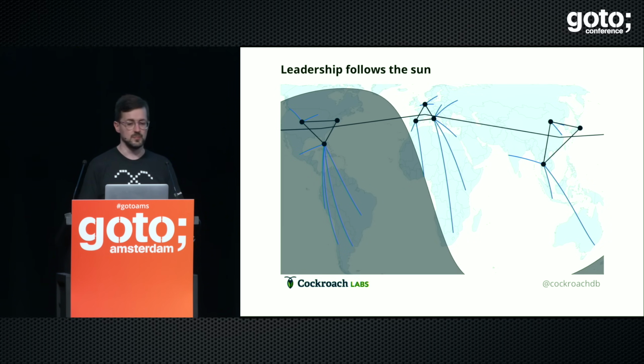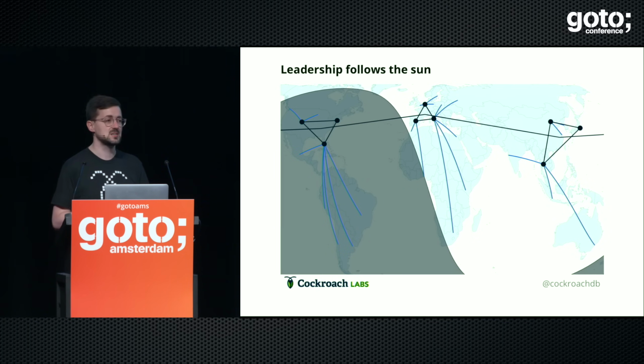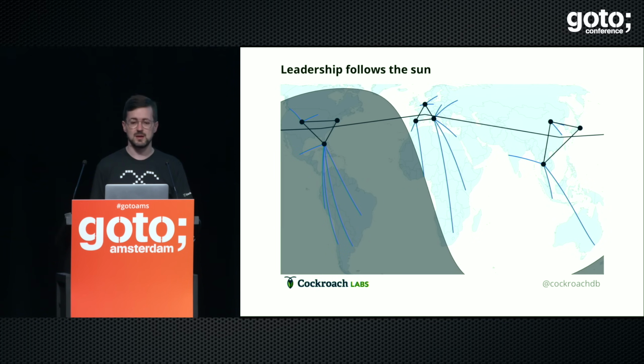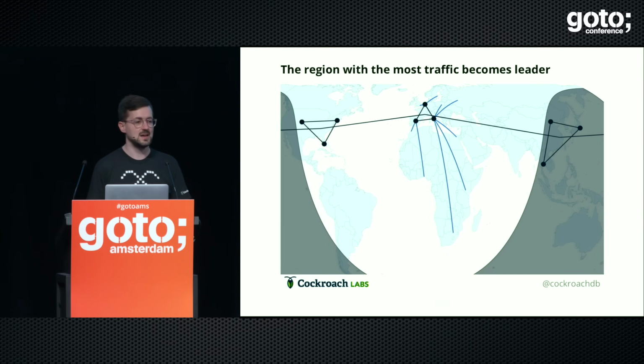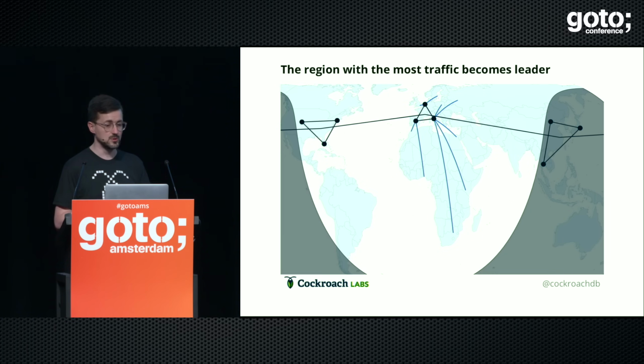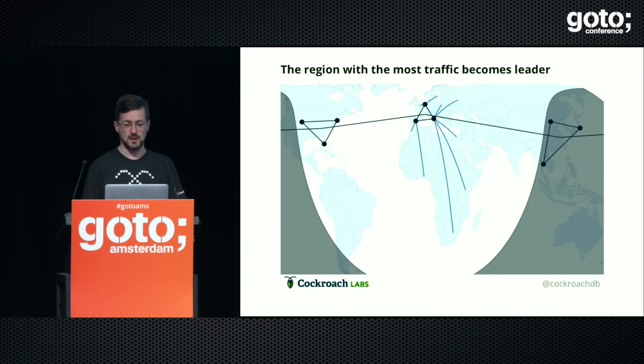And so in CockroachDB, we recognize this, and for your data that is replicated globally, we can move the leadership from one region to another, so that as the sun moves around the world, the load can move with it. When most of your traffic is coming from Europe and Africa, then the leadership is going to be placed in Europe.